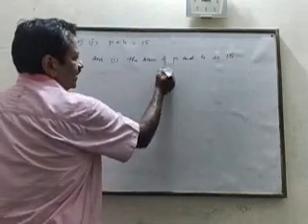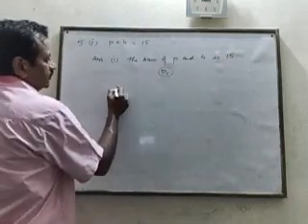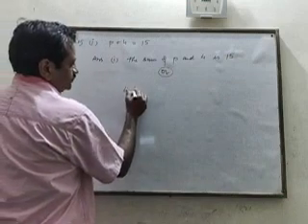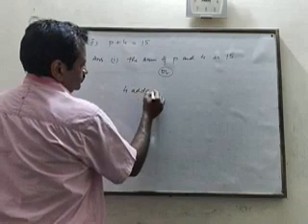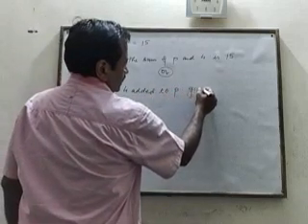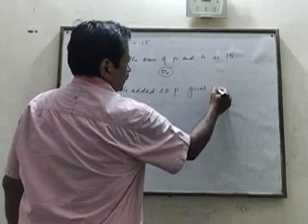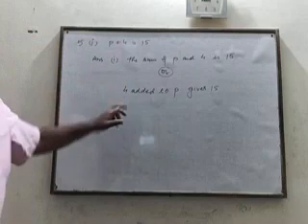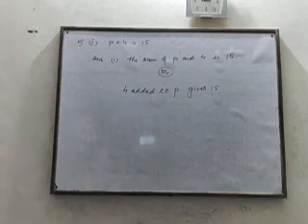Or you can give the answer: 4 added to p gives 15. So this is also correct because it is English language.